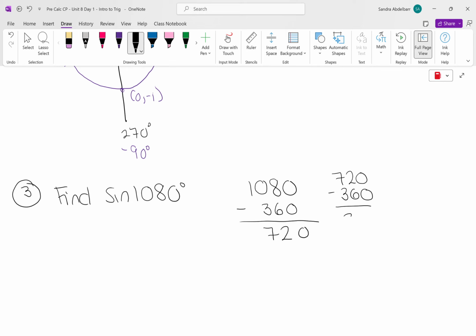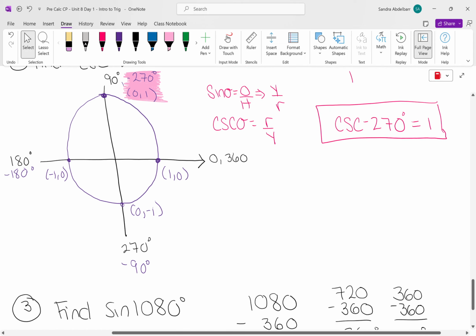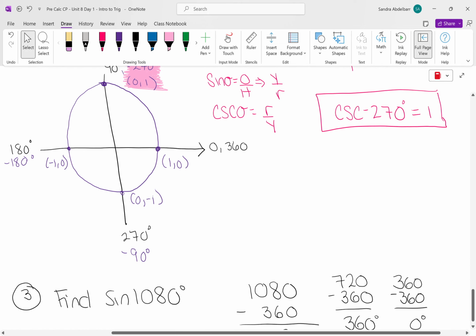I can subtract 360 again, and this is going to be 360, which is the same as 0. So then 360 minus 360 would be 0 degrees. No matter which way you're looking at it, is it on one of the axes? Absolutely. So I have to use the unit circle.